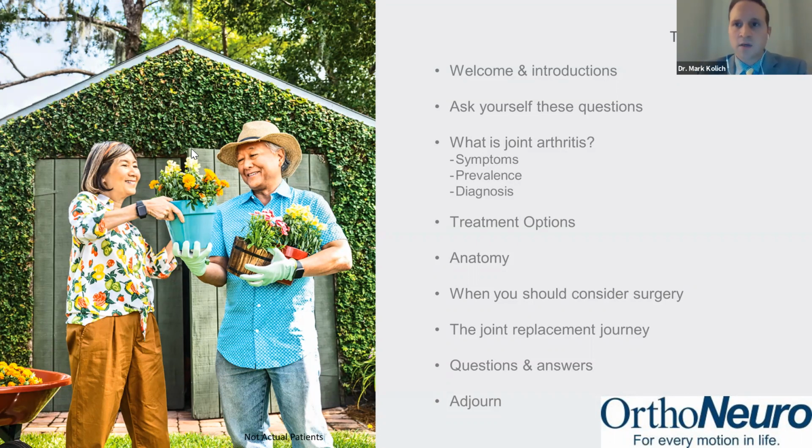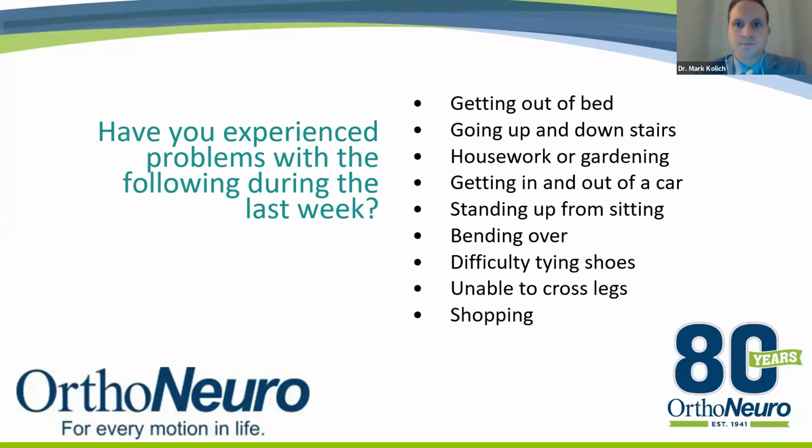Understanding some of the anatomy helps patients understand what they may be experiencing. Then we'll talk about when you should potentially consider surgery, and the journey of having a joint replacement and what that may look like for you. I'd be happy to take questions and answers at the end of today's presentation, so feel free to type in a question and we'll go through those.